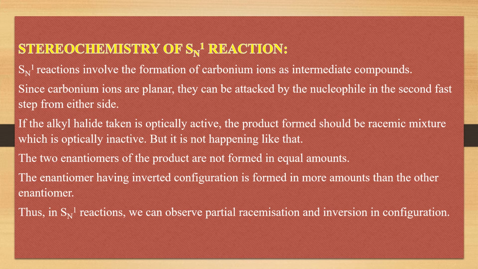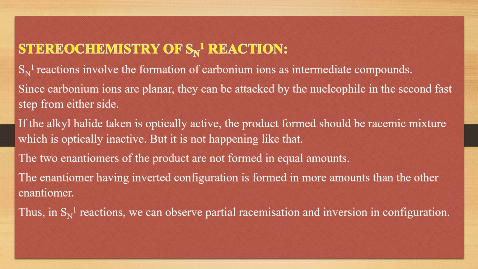It is not happening in SN1 reaction like this. What is happening then? The two enantiomers of the product are not formed in equal amounts. When do we call it a racemic mixture, students? When 50% of one isomer plus 50% of the other isomer, that mixture we call a racemic mixture.